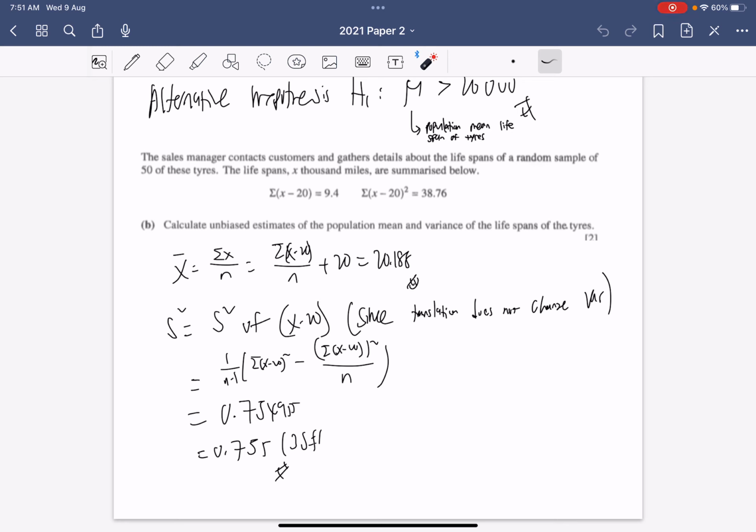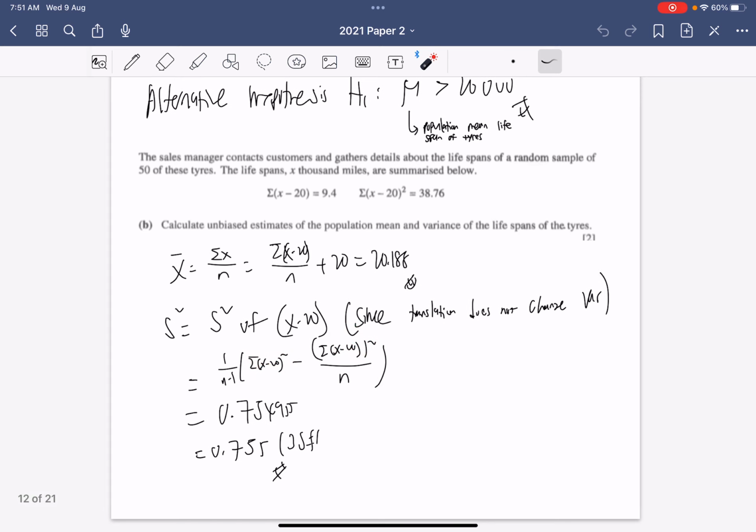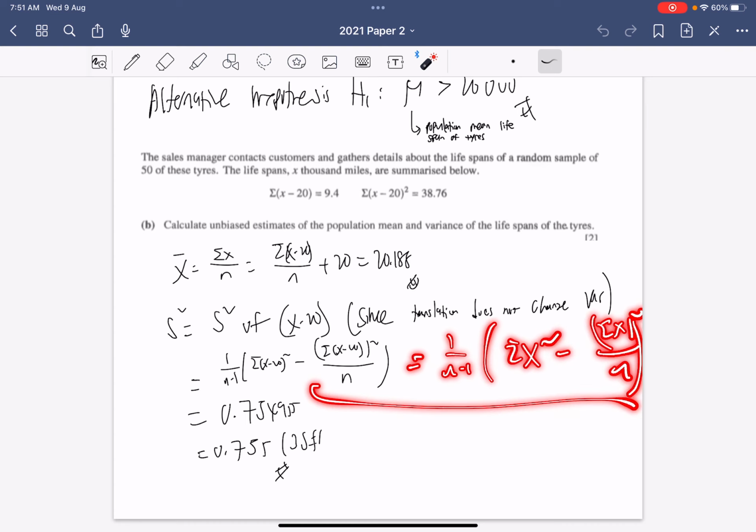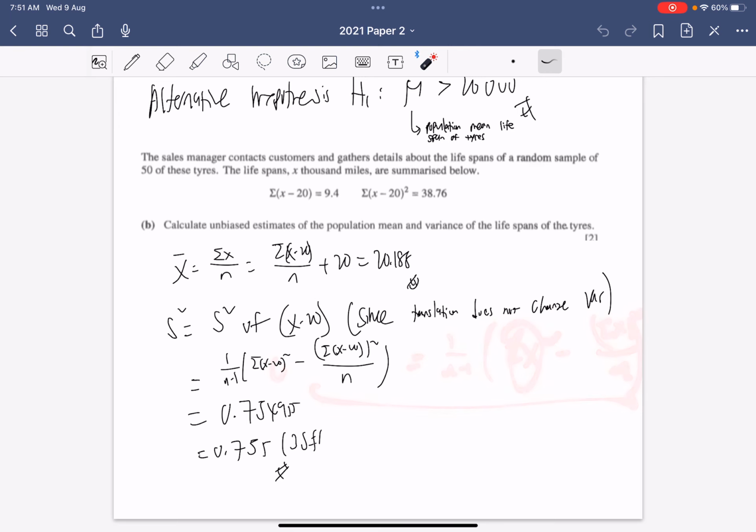And because s squared doesn't change under a translation, you can just use the normal formula, 1 over n minus 1 times the sum of squares minus... It's exactly the same, so translation doesn't affect it. With that, you can surely calculate s squared.